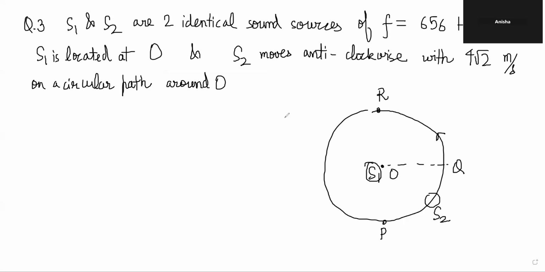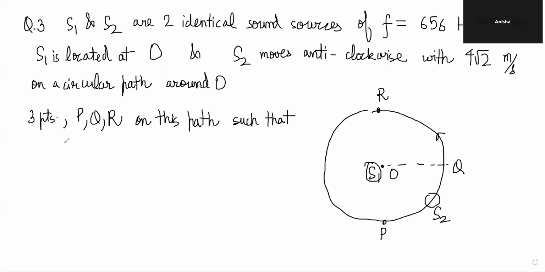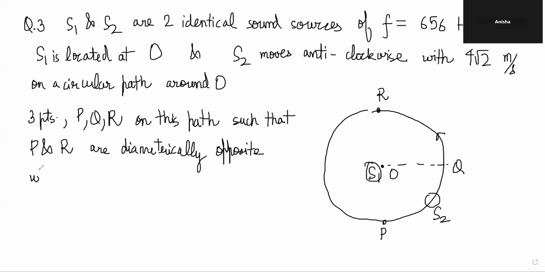So with a velocity of 4 root 2 meter per second, there are 3 points P, Q, R on this path such that P and R are diametrically opposite, while Q is equidistant from them.